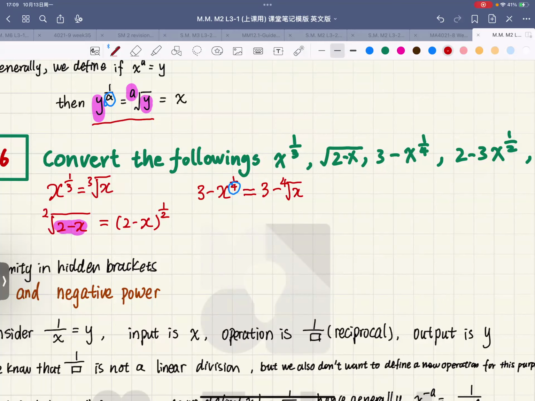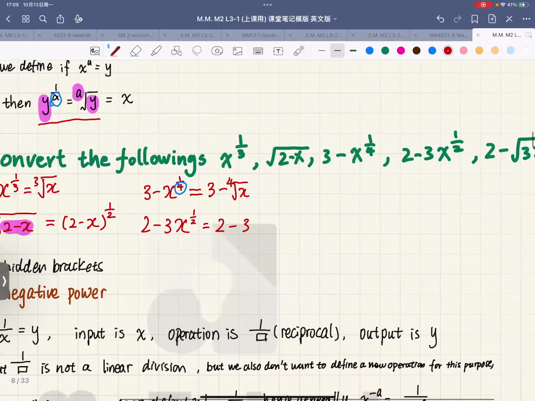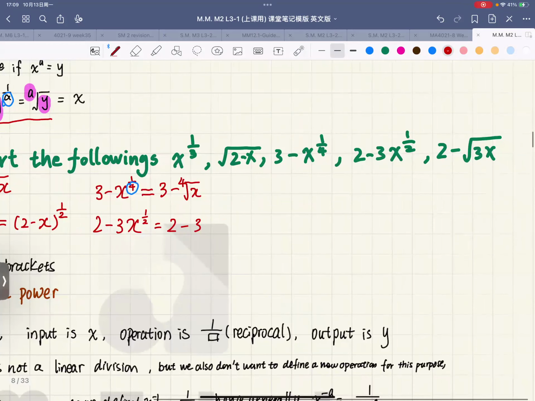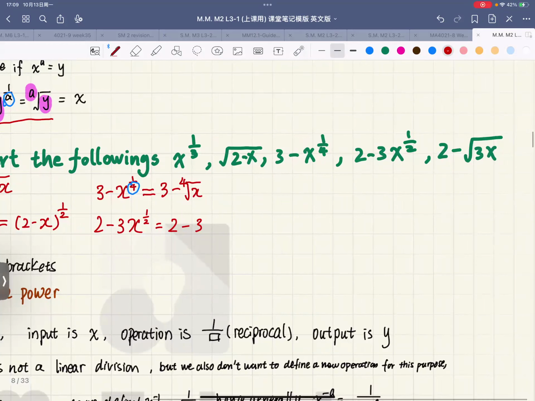All right, last one. 2 minus 3x to the power of 1.5 is equal to 2 minus 3x to the power of 1 over 2, the square root of x.